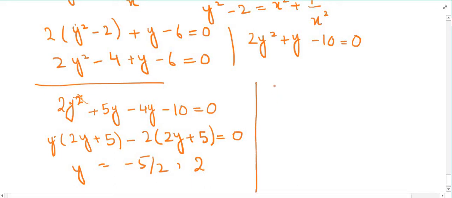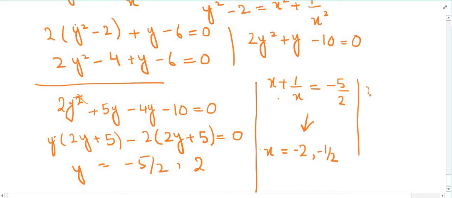Again substitute y. We take x minus 1 over x equals minus 5 by 2. After some simplification, you will get x equals minus 2 and 1 by 2 from there, and for x minus 1 over x equals 2, you will get after some simplification x equals 1.